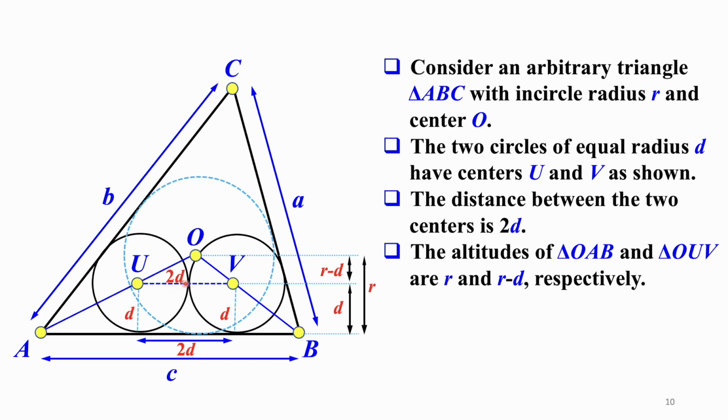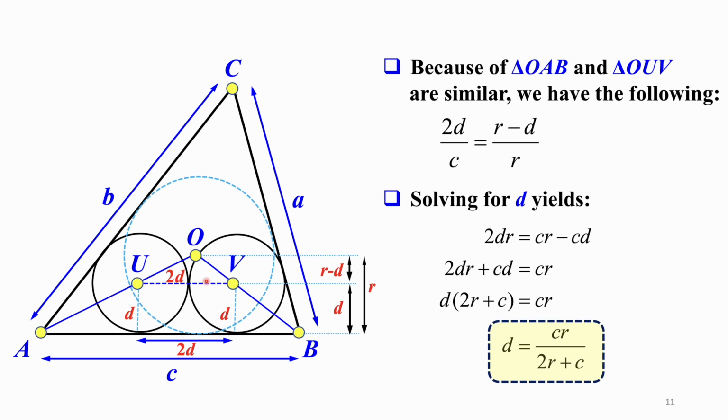So in this way, the altitude of triangle OUV is R minus D. The altitude of triangle OAB on side C is, of course, R. So we are almost done.